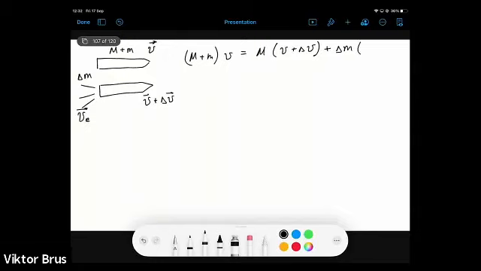Since v is the velocity of the rocket with respect to the ground, we also need to operate with the velocity of the exhaust gases with respect to the ground. That's why we have to subtract, v minus v exhaust, since they are moving in different directions.